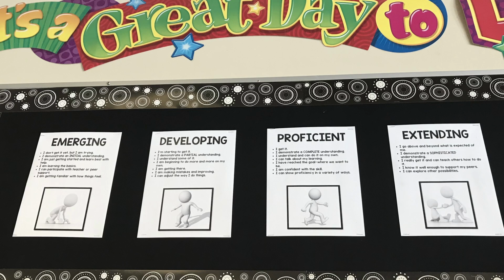We reference the proficiency scale often. I will use language like, if you're someone who understands that perimeter equals double the length and double the width, then you're probably a proficient learner.